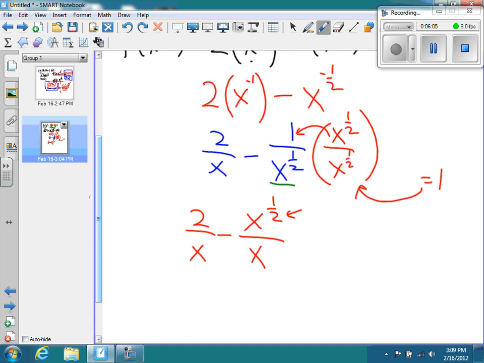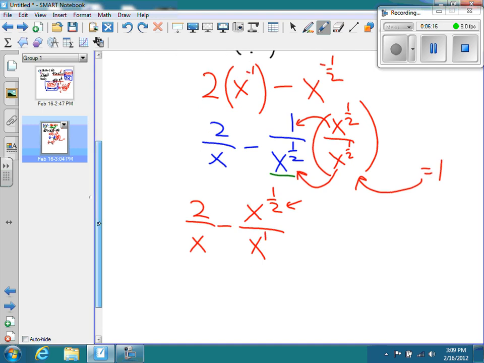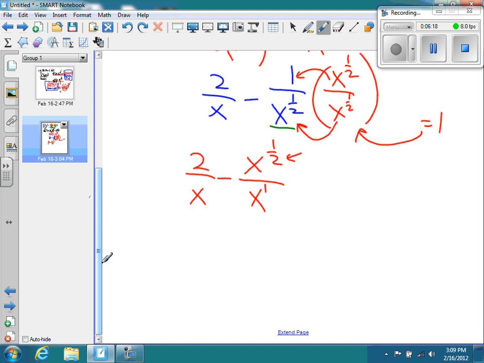And my x to the 1/2 times x to the 1/2 gives me x to the first, because I'm adding the two exponents. 1/2 plus 1/2 is equal to 1. That's x to the first. So now I have as my answer, because I have a common denominator in x right here, 2 minus x to the 1/2 over x.